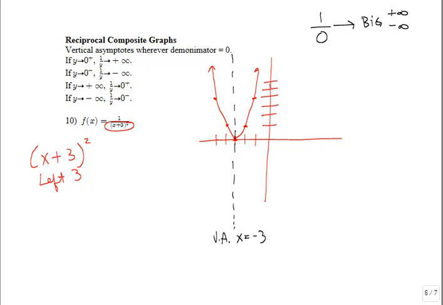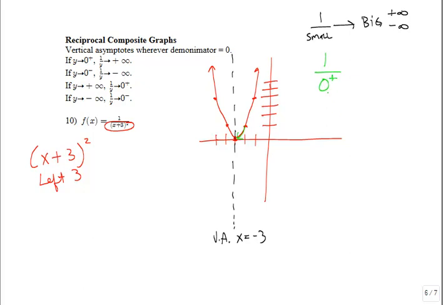Okay, now let's talk about the behavior around this asymptote. If you have 1 over something really, really small, it's going to get big. So think about these points as they travel along this curve. As I move this way along the curve, I'm getting closer and closer to 0 through positive values. So in other words, I'm going to 1 over 0 through positive numbers.